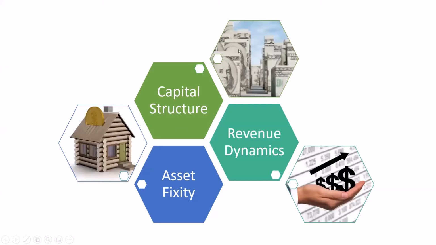And to that end, this whole financial discussion centers around 3 topics. One is capital structure, right? When you think about capital structure, what you're really looking at is the relationship between assets, things you own, liabilities, things you owe, and revenues.